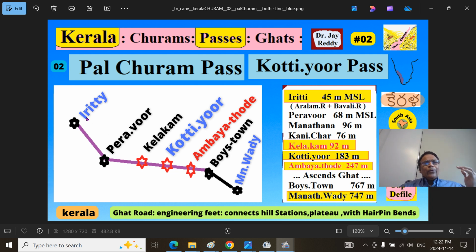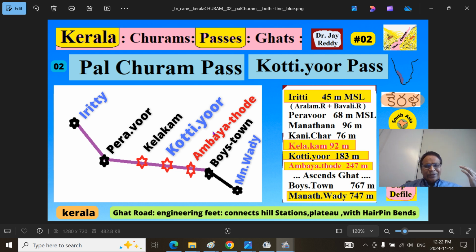We have Iritty town here. Then we go to Peravoor town. There are also the Peravoor mountain ranges, then Kelakam and KottiYoor. The pass is named after KottiYoor town on the Bavali river. This is a very famous temple town in Kerala. And it goes to AmbayaThode town.